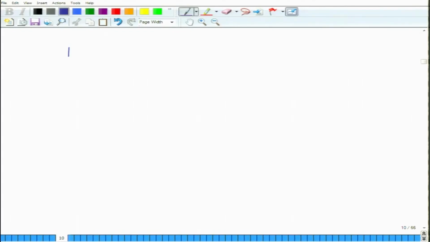Another thing which you need to know about the planes is the spacing between the planes.